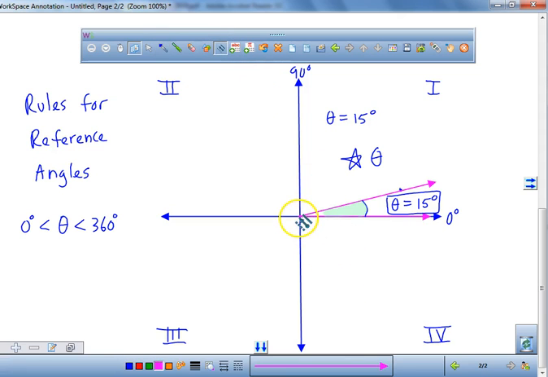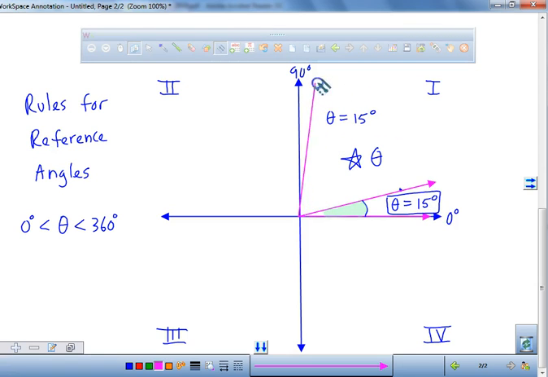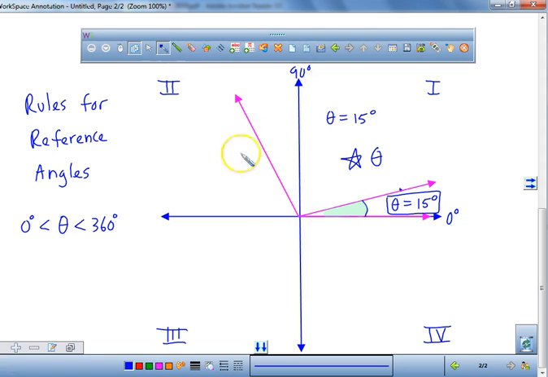Right now we're going to do some estimating. Give me an angle between 90 and 180. What do you want? 120? Alright, let's go to 120. Let's say that's 90, and we go an additional 30 degrees, about 120. So we started with 120 degrees.